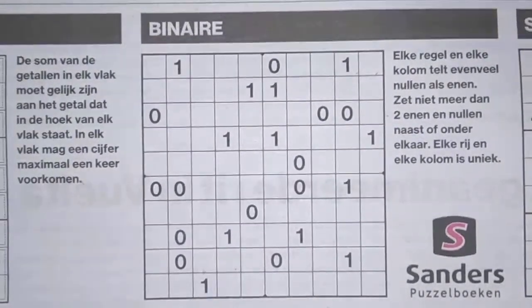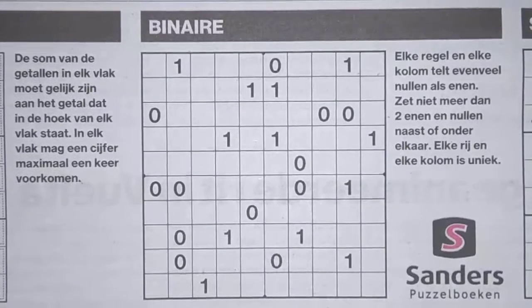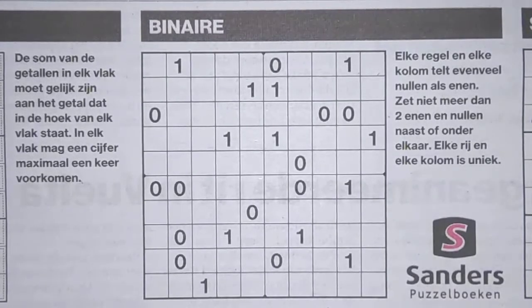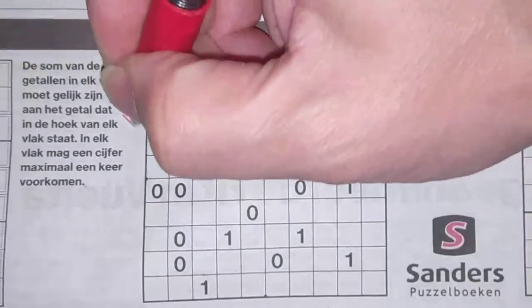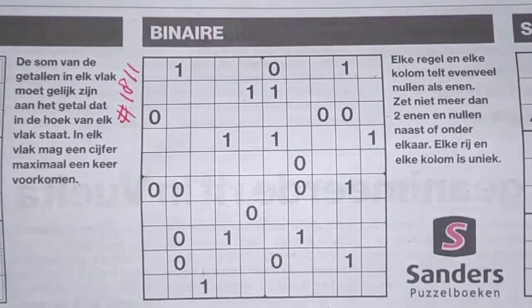But first, what I will do is a Sudoku with the digits 0 and 1, a binary Sudoku, and this one will be number 1811.